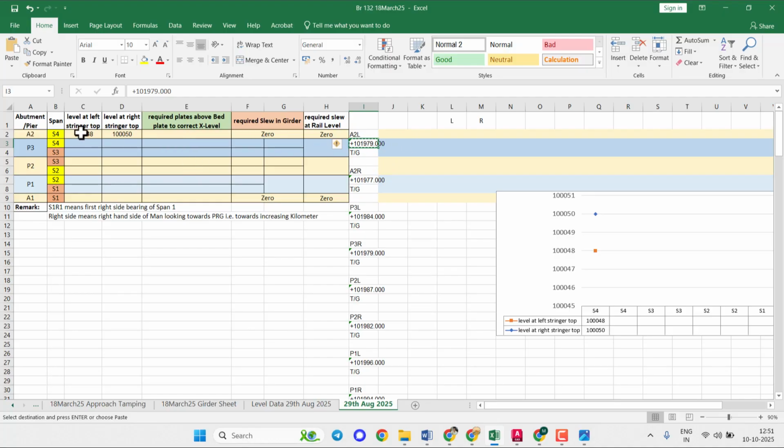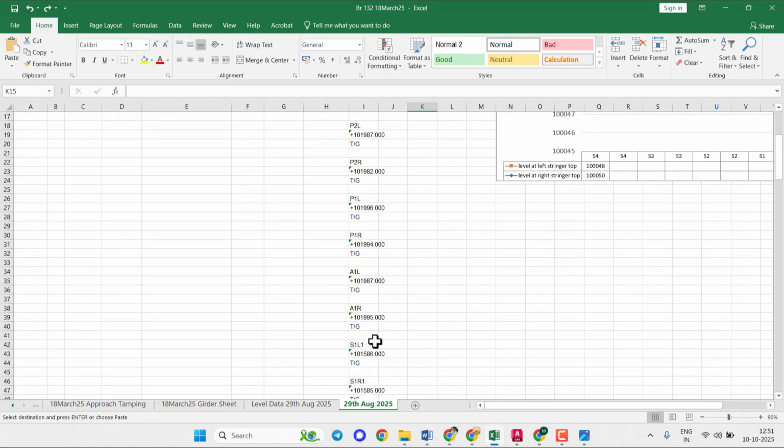A to L. So this is A to L, A to R. This is A to R, P3 L. So P3 is not. Oh, so this is stringer level actually. Control Z. I have to go for stringer level only from here.